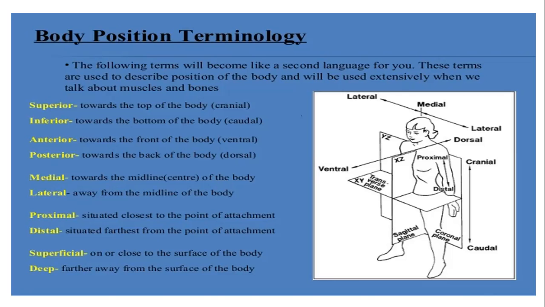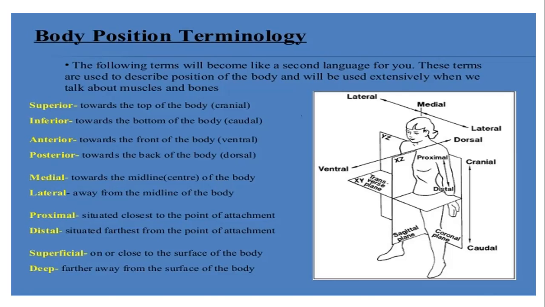We have proximal and distal. A structure that is proximal is closest to the point of attachment. A structure that is distal is furthest away from the attachment. So let's talk about the elbow and the tips of the fingers.